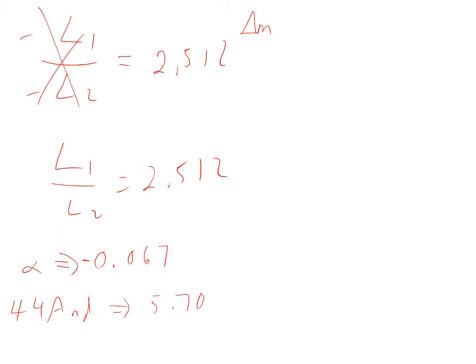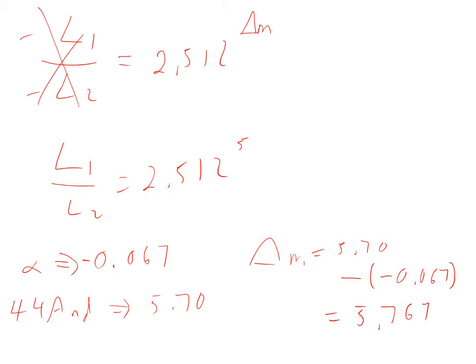So the difference in magnitudes is subtracting these two: 5.70 minus a negative 0.067, and a negative means you add, so that's going to give you a difference of 5.767.